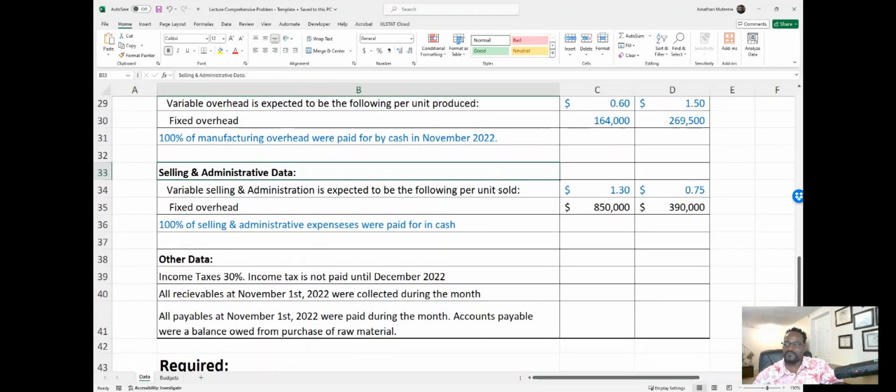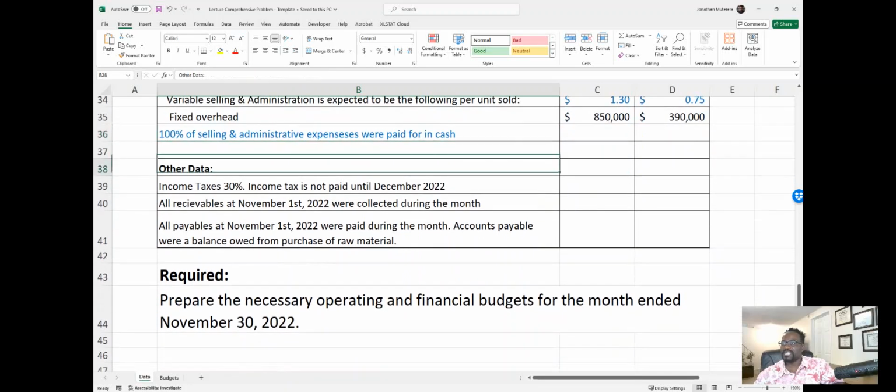Selling and administrative data, we have variable selling and administrative expenses and fixed overhead for the selling and administrative section of the business. And how is this paid for? 100% of it is paid in the month of November.